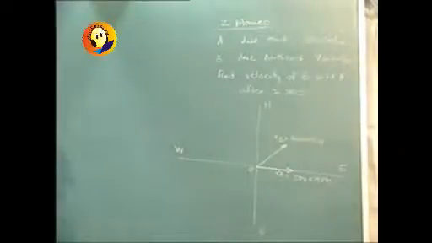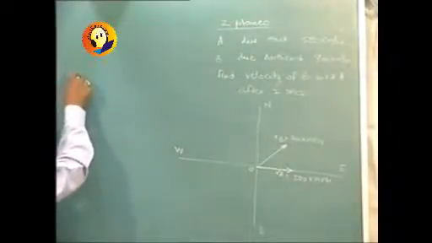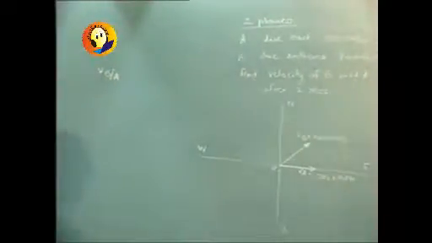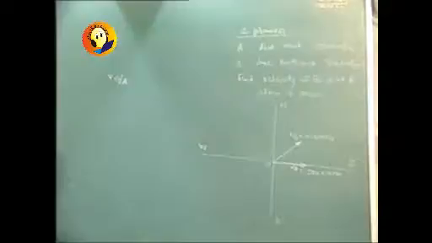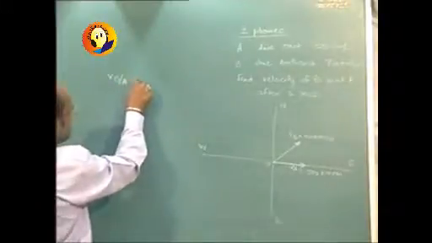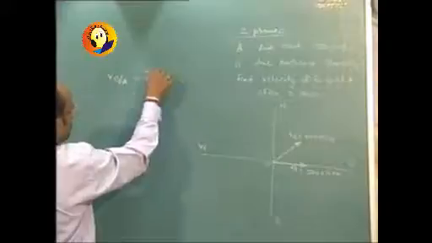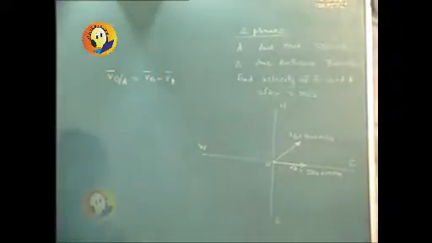Now we are required to find the velocity of B with respect to A. The formulation will obviously be velocity of B minus velocity of A, in the vector subtraction form.